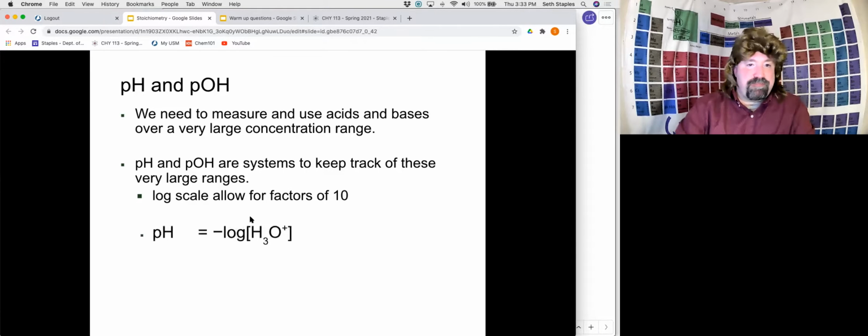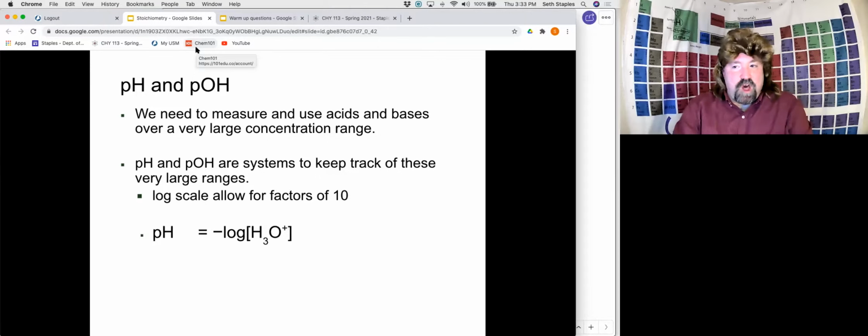When we calculate pH, we take the negative log of the H3O plus, remembering that H3O plus is analogous to H plus, same thing. So we're going to take the negative log of that H3O plus solution concentration, remembering that brackets just mean concentration in molarity.